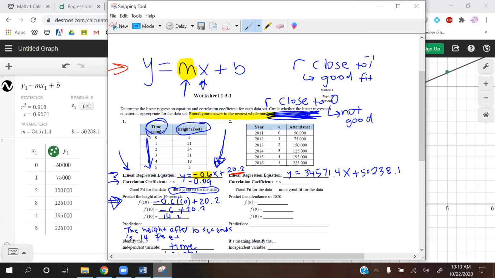Okay, I'm going to check with you later, but get these numbers down, okay? These are the right ones. I'll check what's going on with your Desmos later when we go to breakout rooms. All right, so for now, our linear correlation coefficient is 0.9571. And this is very close to 1, so this is a very good fit for the data.